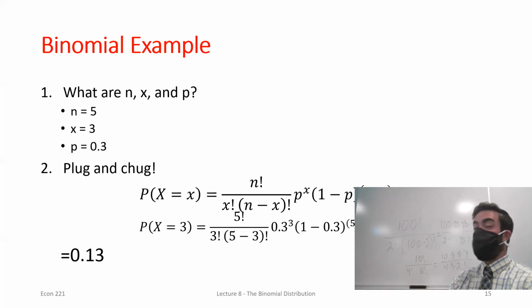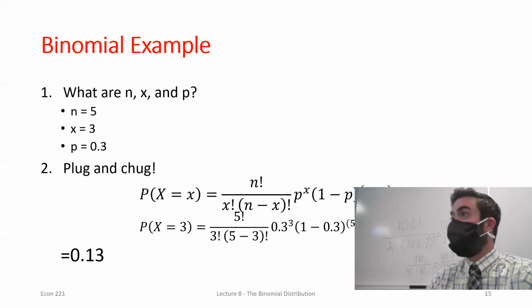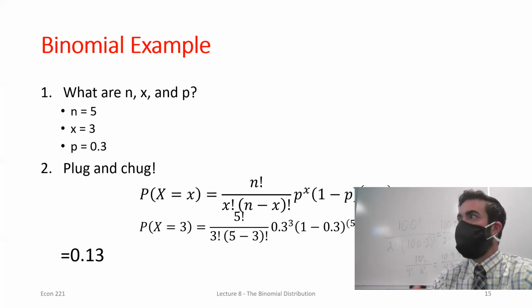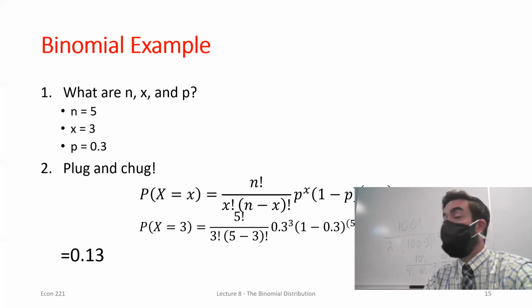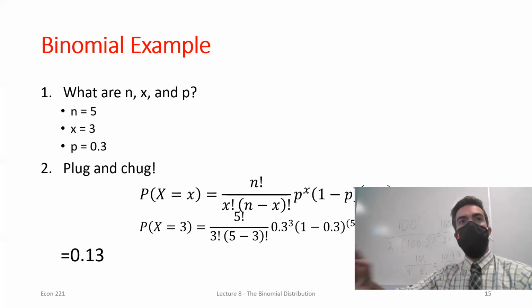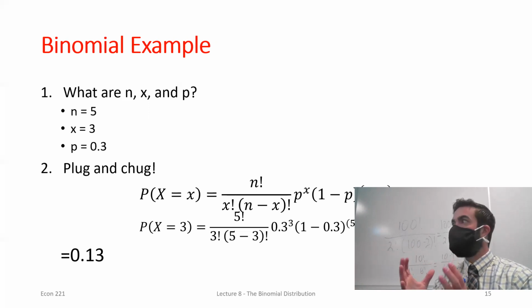If I'm thinking about all 10 people having a college degree, that probability is probably relatively low, right? And so as I move away from that expected value, the probabilities decline, right? The probability I see 5 people have a college degree is higher than the probability I see 6, which is higher than the probability I see 7 and 8 and 9 and 10, because it's just moving further and further from that expected value.